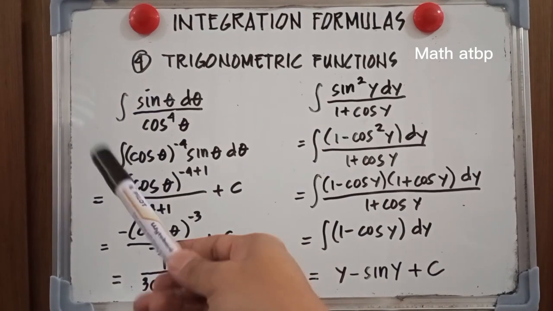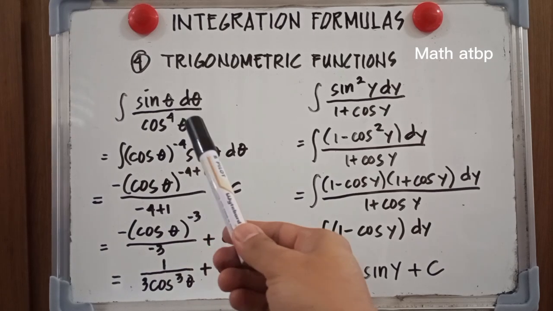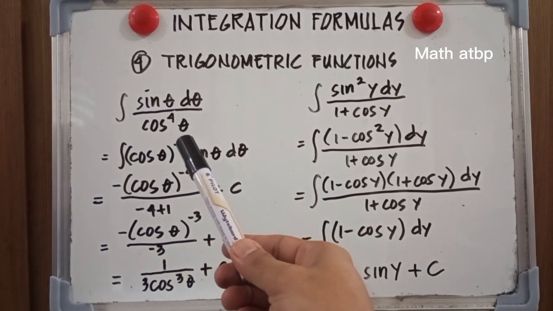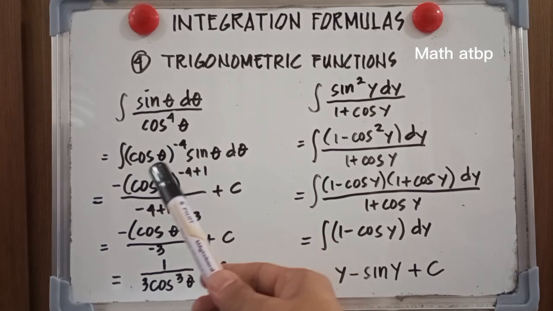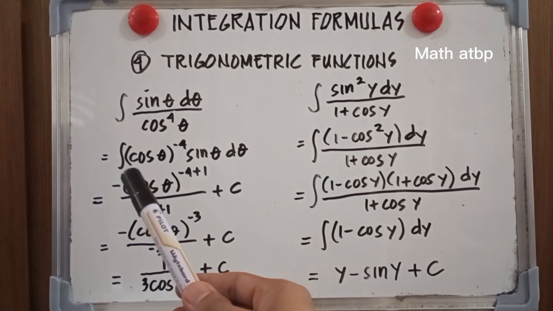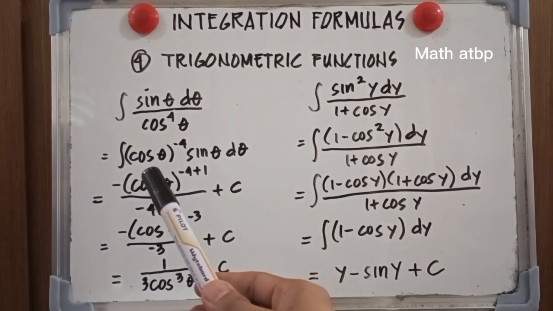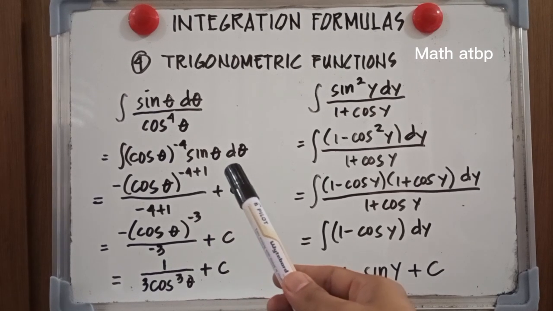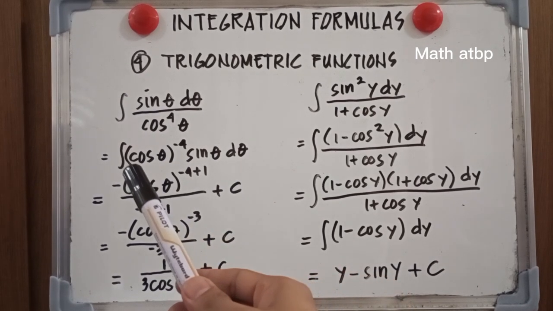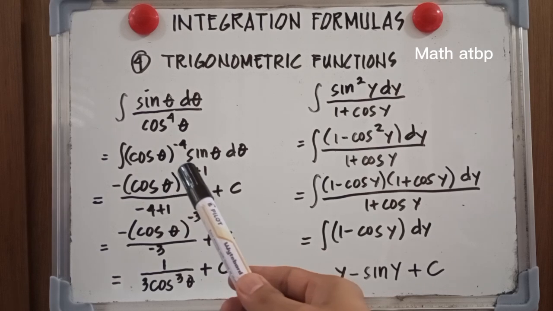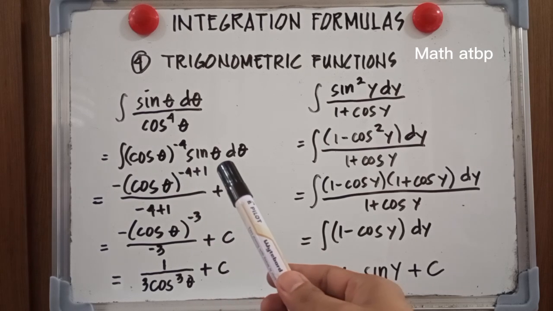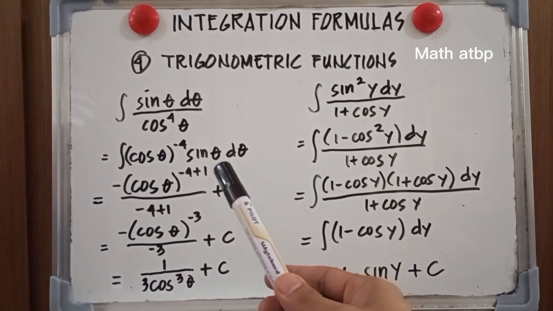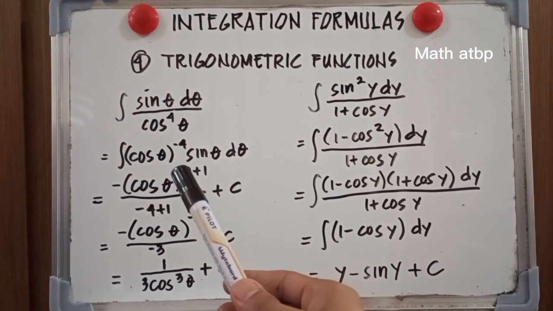Let us continue. We have here the integral of sine theta d theta divided by cosine to the 4th of theta. We may put cosine to the 4th theta on our numerator. Then we have the integral of the quantity cosine theta raised to negative 4 times sine theta d theta. The derivative of our u, which is cosine theta, is negative sine theta d theta. But we have here sine theta d theta. Okay? So, we need to place negative 1.